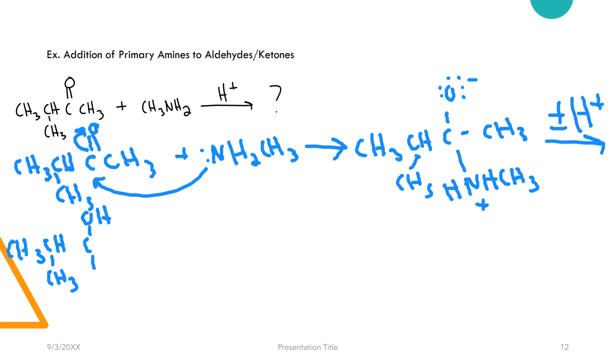One hydrogen from the nitrogen will come up to the oxygen, which gets rid of the positive charge on nitrogen and the negative charge on oxygen. Now I'm going to protonate that oxygen to make a good leaving group because I want that to come off.